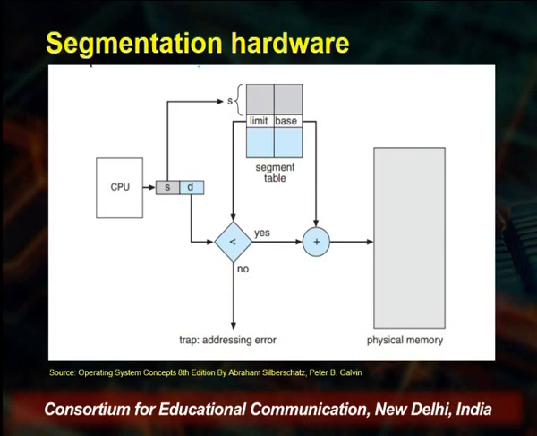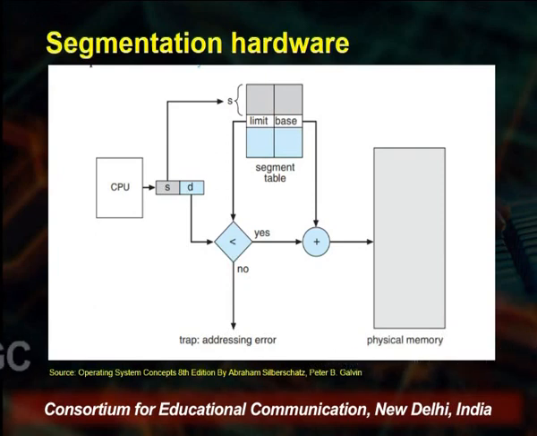Before generating a complete physical address, we look at whether the offset is within the permissible limit. If yes, then only is a physical address generated. If the length goes beyond the limit, it is a problem.